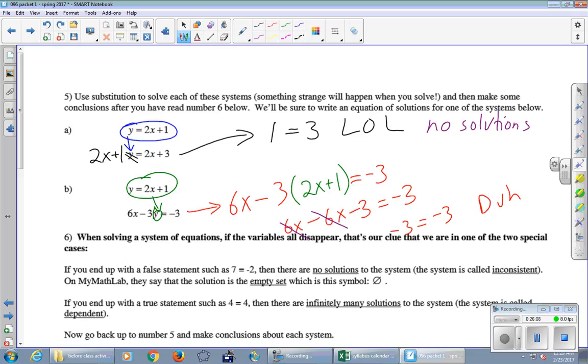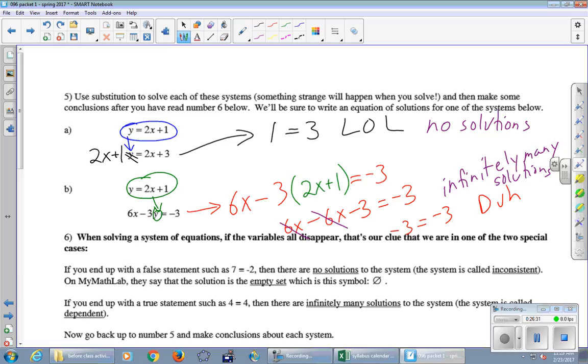What do we conclude? No solutions or infinitely many solutions? Infinitely many. And those are our conclusions.